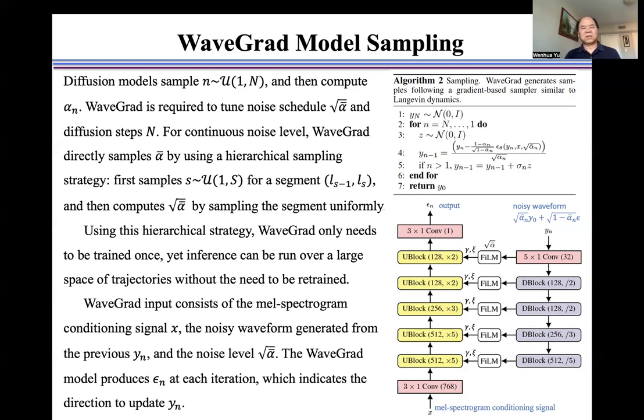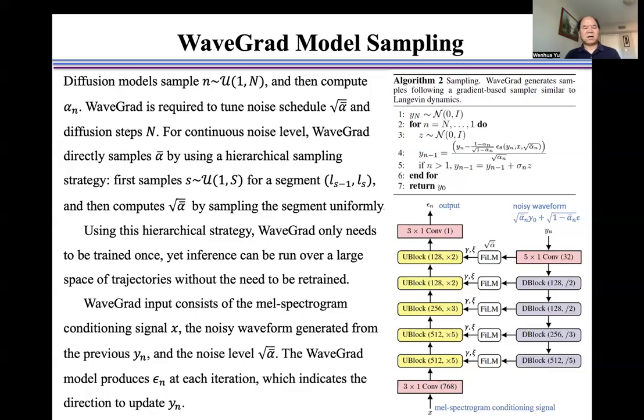For continuous noise level, WaveGrad directly samples alpha bar by using a hierarchical sampling strategy, namely first sampling s from a uniform distribution for a segment between l_{s-1} and l_s, and then computing root alpha bar by sampling the segment uniformly.